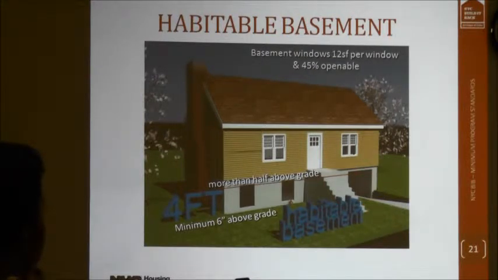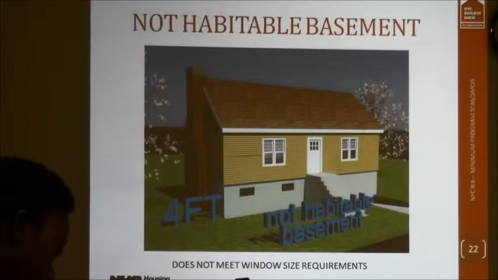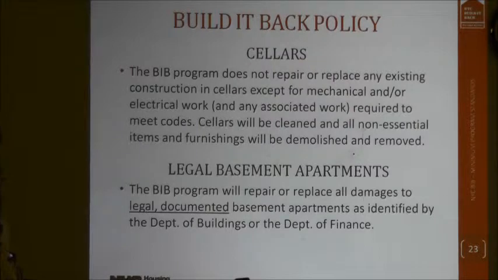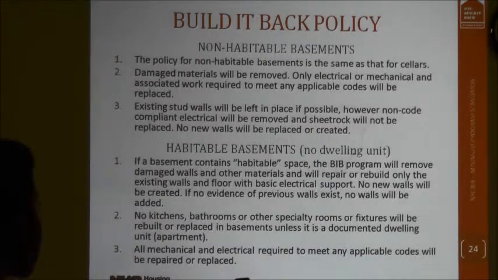It's either one window or all the windows, but you have to have sufficient lighting to be a habitable basement. If it's a little window like that, it's not going to be considered a habitable space. We don't repair the cellars, the basement apartments we will repair. Non-habitable basements are like cellars, we'll just clean them out, make sure your electrical and mechanical is safe, and move on. Habitable basements, we'll do basic repair.